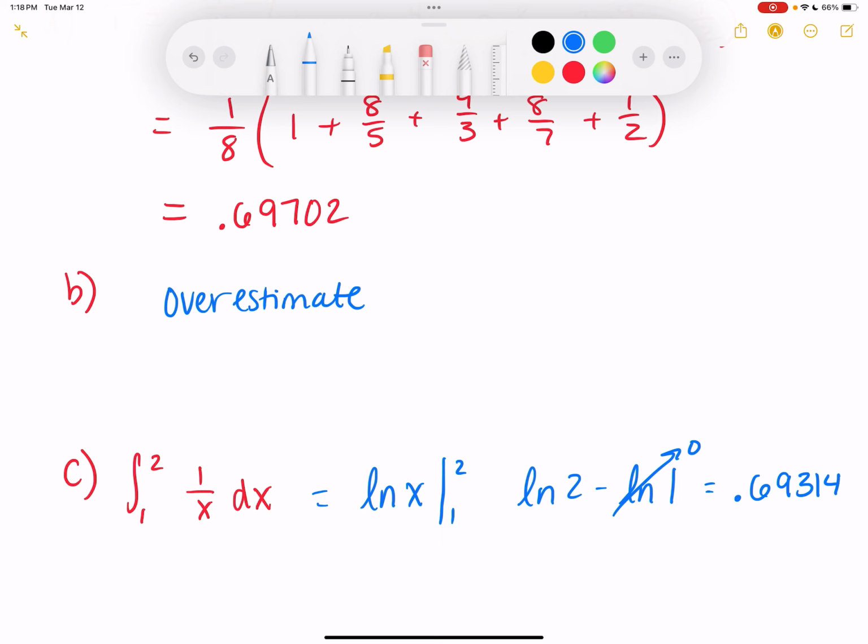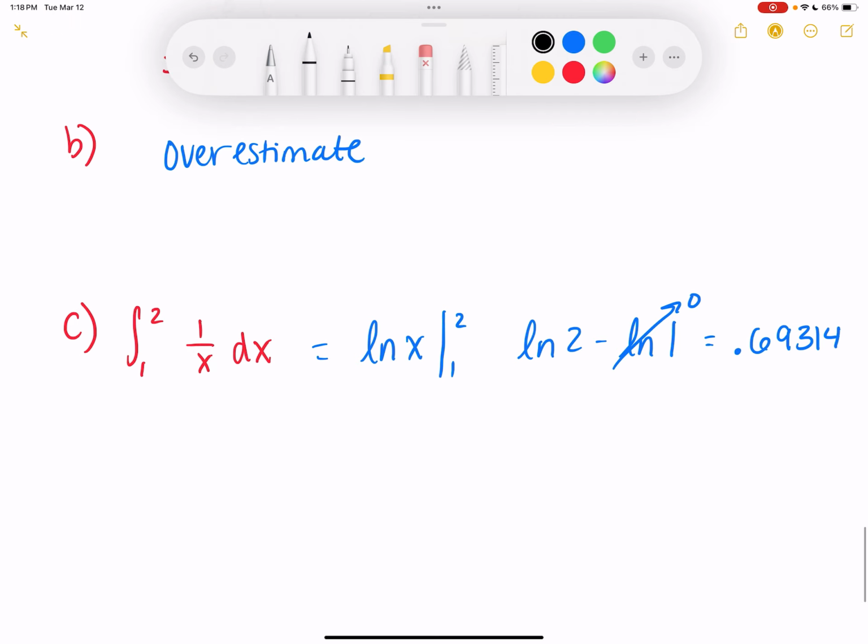All right, let's do one more of these that has a trig function in it just so we can see what's happening. Number 6, the integral from 0 to pi of the sine of x dx.